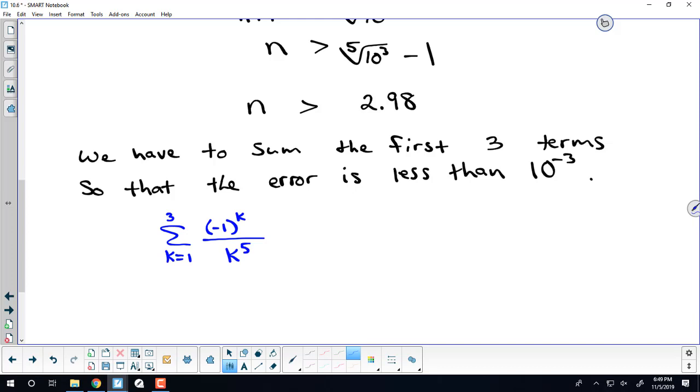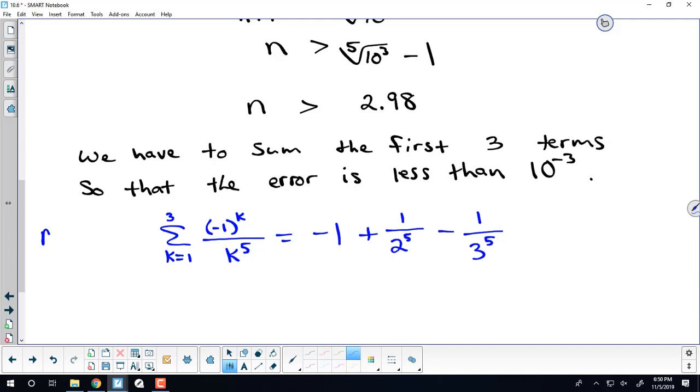So the first 3 terms in this, we would have negative 1 over 1 to the 5th. Okay, negative 1. Second term is positive 1 over 2 to the 5th. Third term, negative 1 over 3 to the 5th.